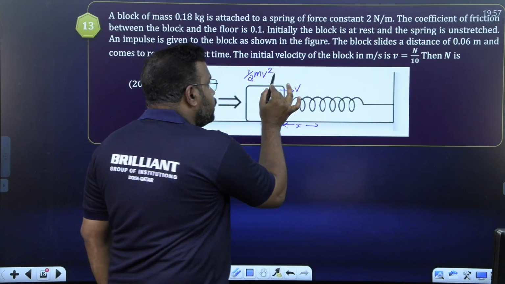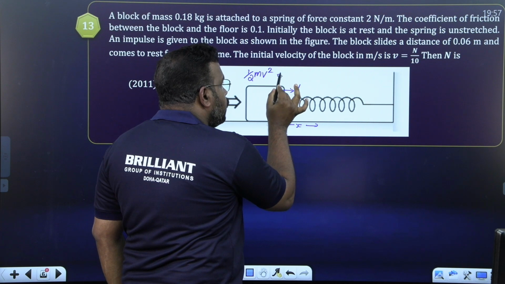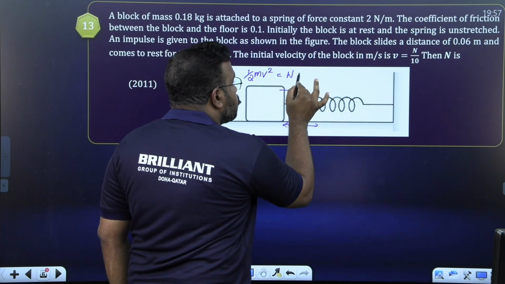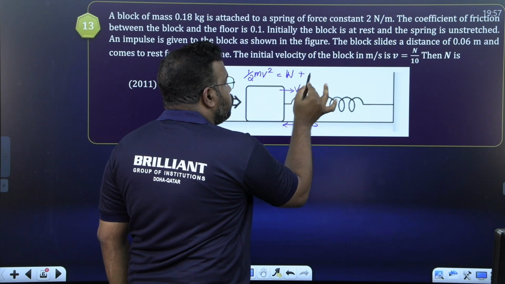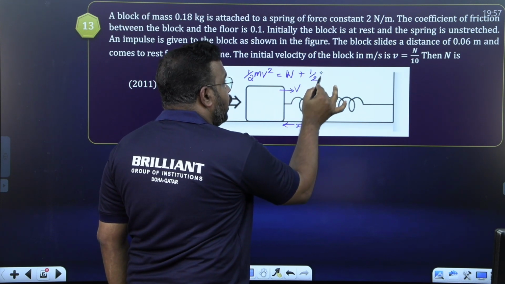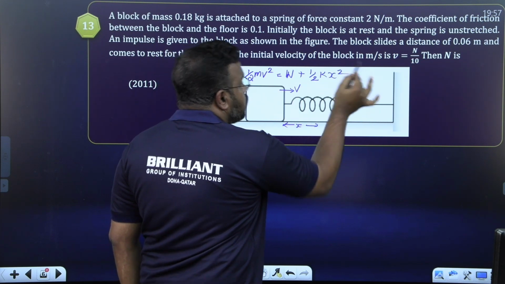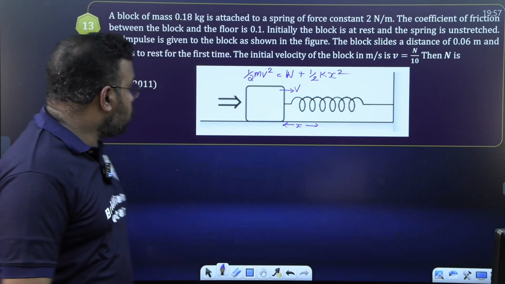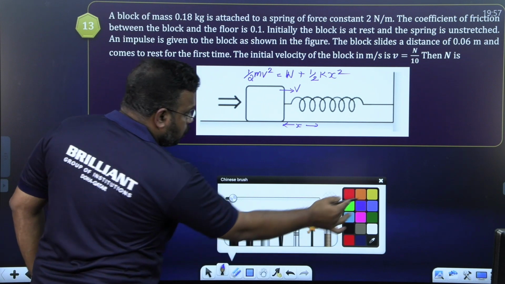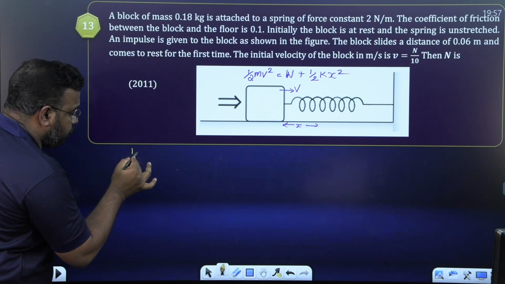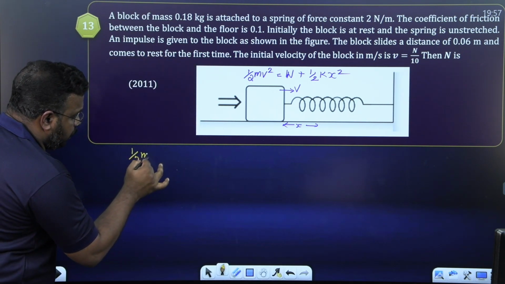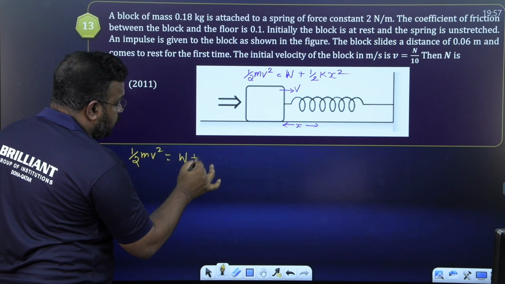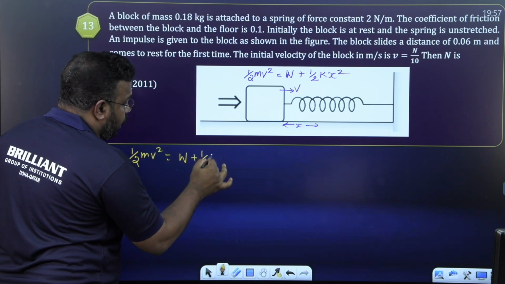So a part of this energy will be used for doing work against friction, and the rest will be stored as the potential energy of the spring, that is half kx square. This is the idea of this question. Initial kinetic energy is equal to, so I'm just writing that concept here: half mv square is equal to work done plus half kx square.